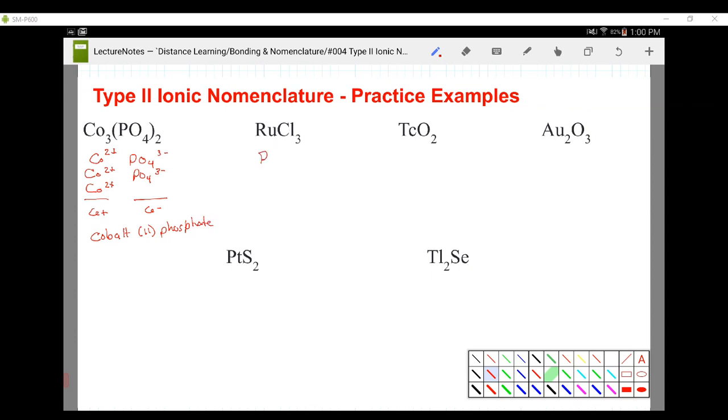Next we have ruthenium. We have one of those. We have 3 chlorines. We know that chlorine is -1. Gives us a total of -3. So ruthenium must be +3. Gives us our name ruthenium 3 chloride.